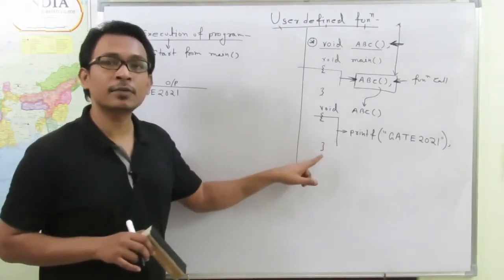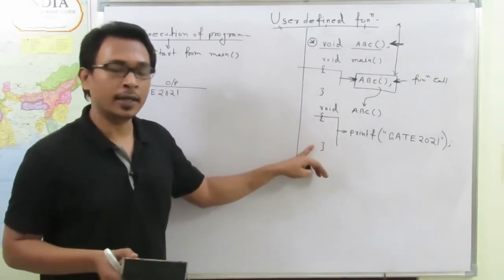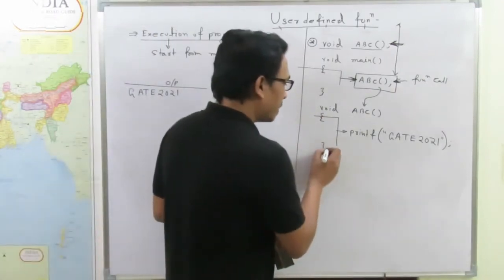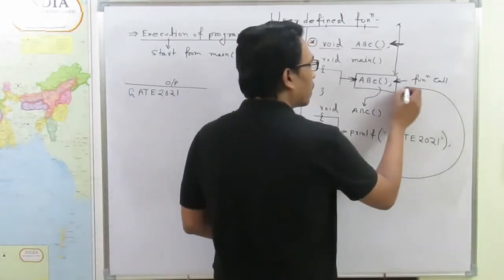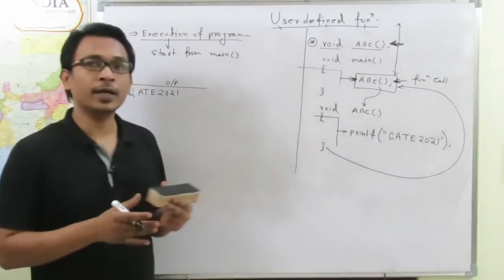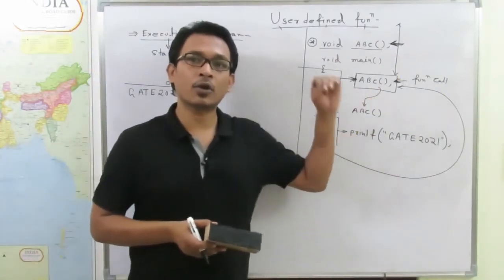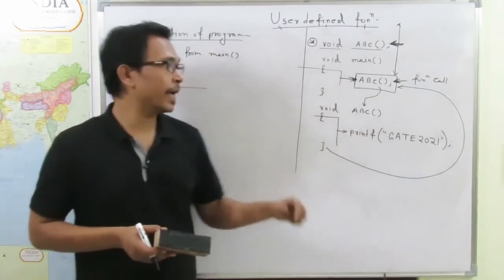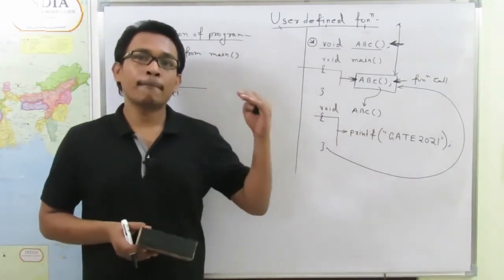And what does it mean? This means this particular function definition ends here, and whenever system gets this closing brace, it goes back to the calling location from where this function was called. At that particular location the control goes back. Clear? And then again starts the execution from there.